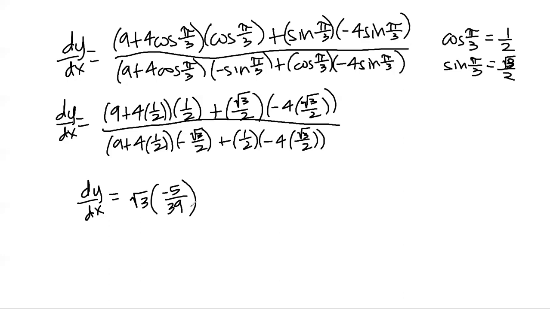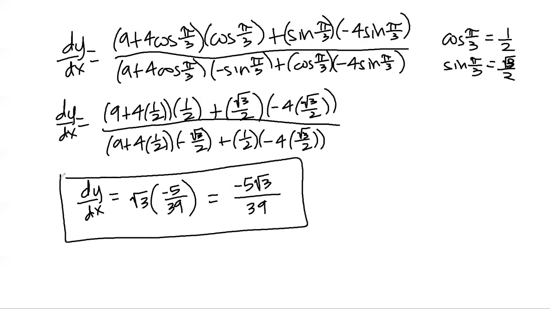All right, so obviously that's not a nice number that you can write down without rounding something. So in order to keep the answer exact, this would be a proper answer. Or if you didn't want to separate the square root out, this could also be written as negative 5 square root 3 over 39.